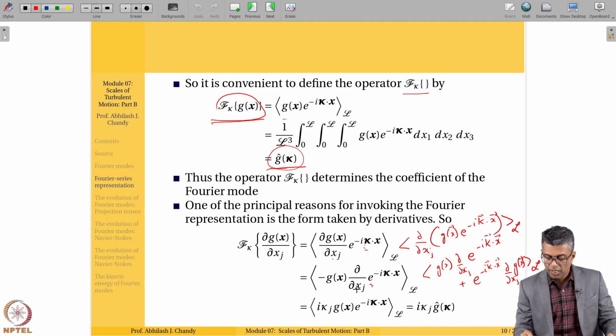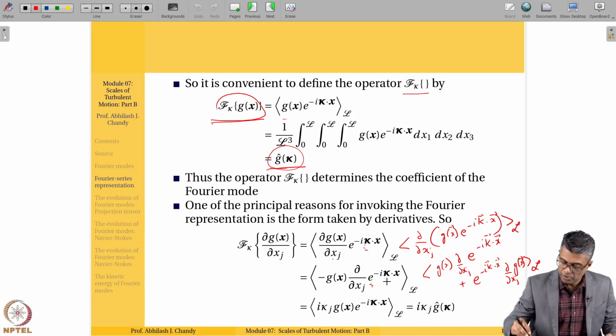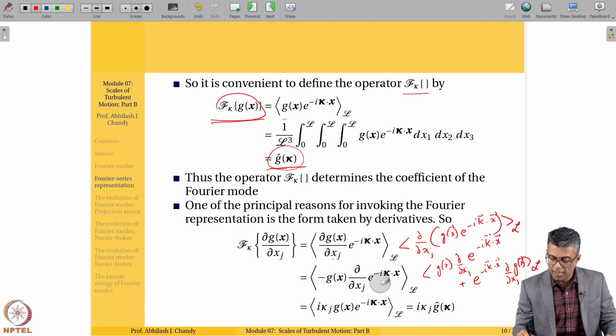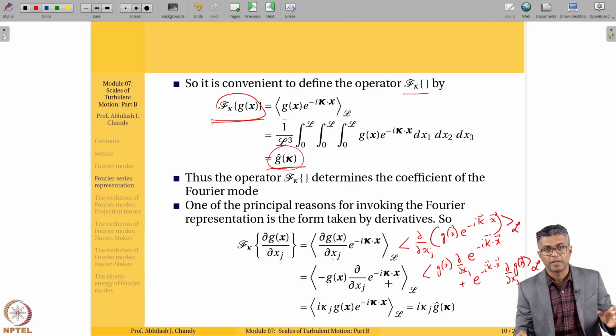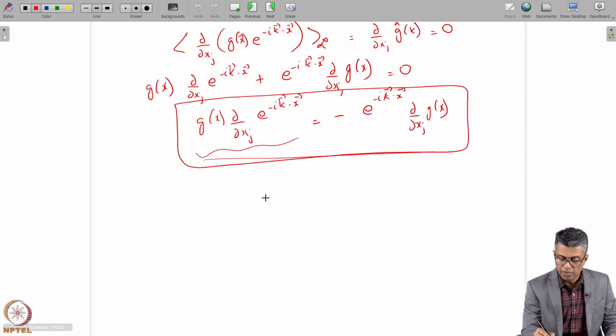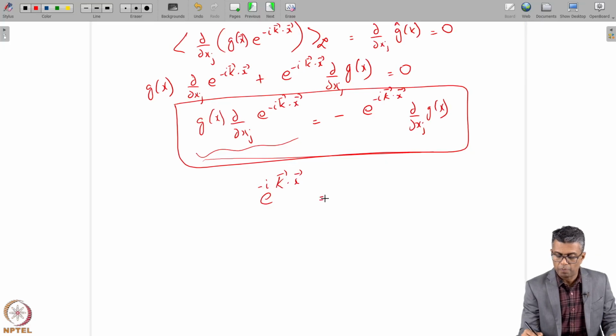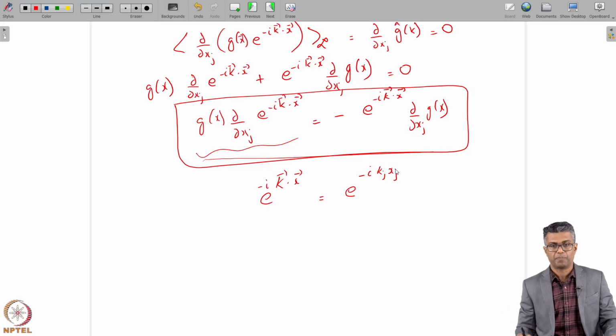Now, in order to take a derivative of ∂/∂xj of e^(-iκ·x), keep in mind that κ·x in index notation is e^(-iκj xj).